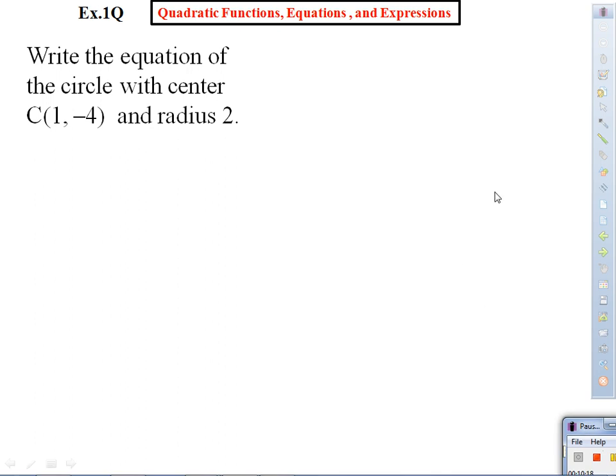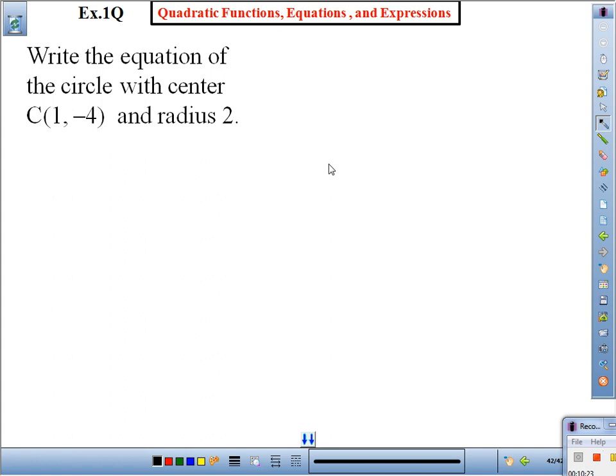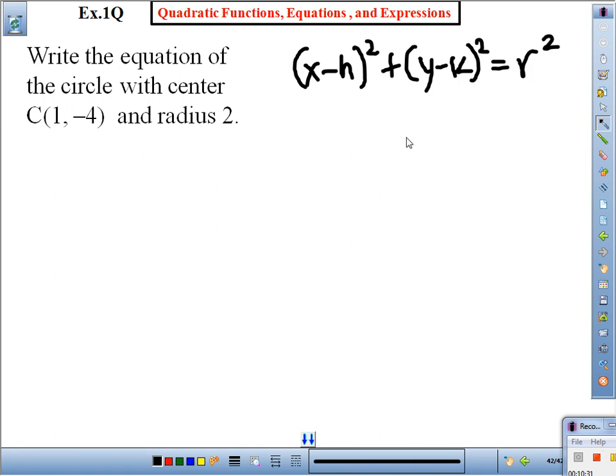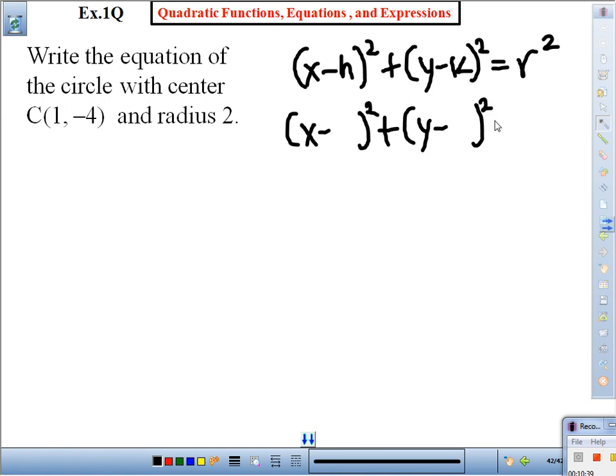All right, here goes the process. See if you got the same thing. X minus h squared plus y minus k squared equals r squared. Step 2, x minus blank squared plus y minus blank squared equals parentheses squared. Step 3, label h, k, r.